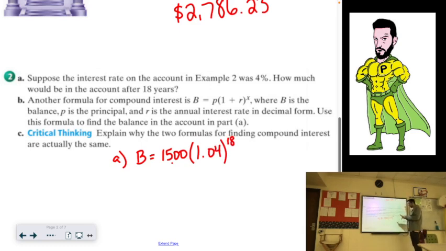So this comes out to $3,038.72. Nice. Got some extra coin there. Almost $300 extra.